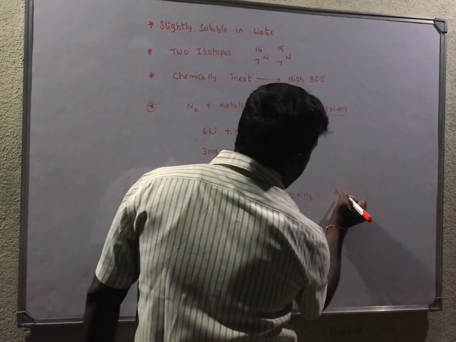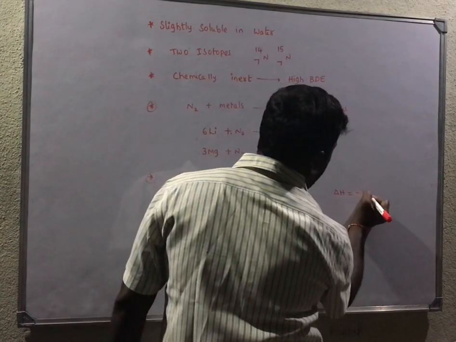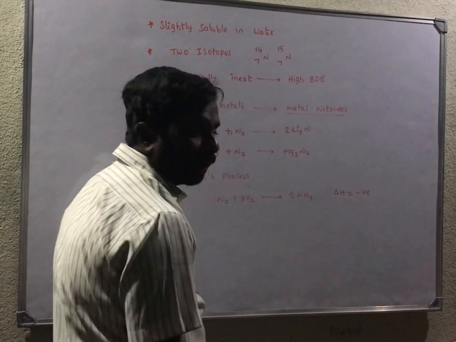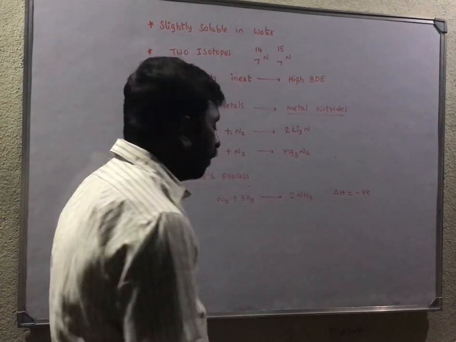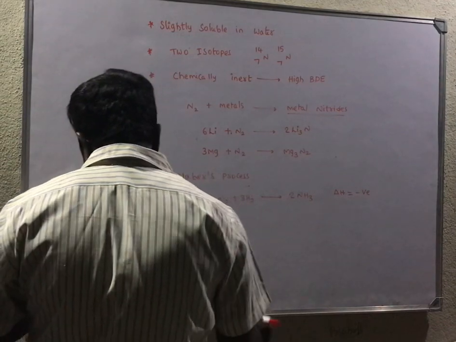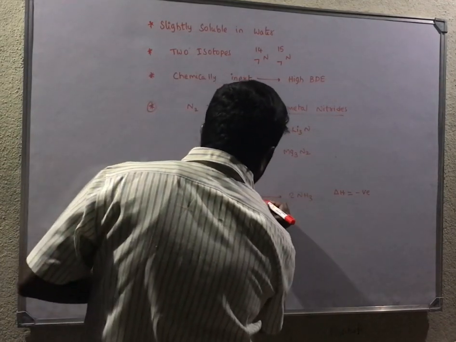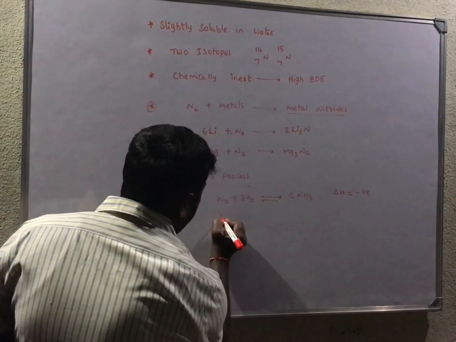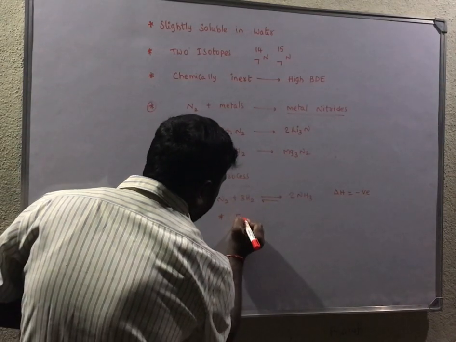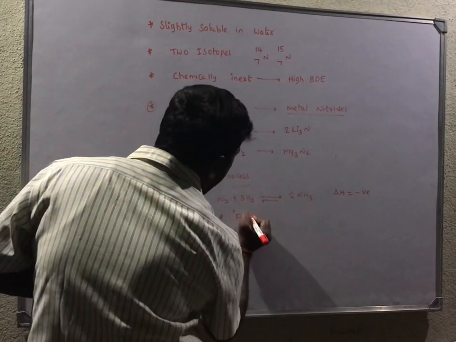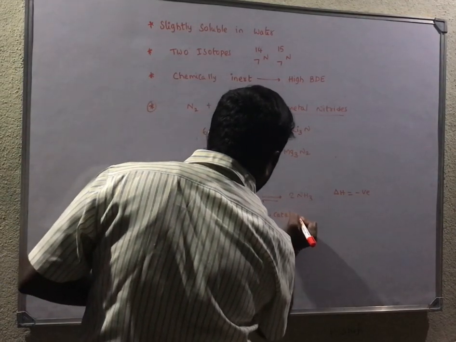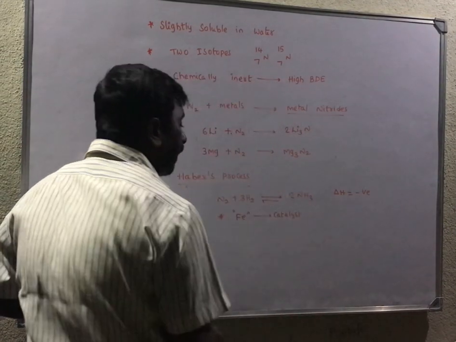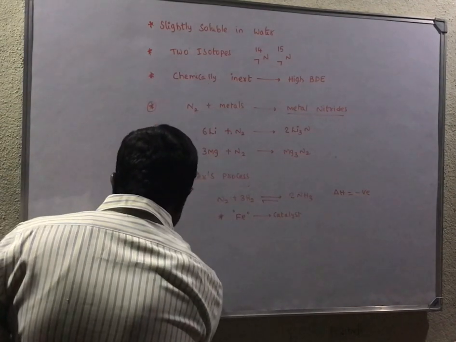Here delta H is negative, which indicates an exothermic reaction. This reaction is also reversible, and it takes place in the presence of an iron catalyst.